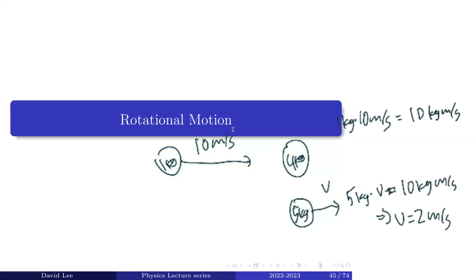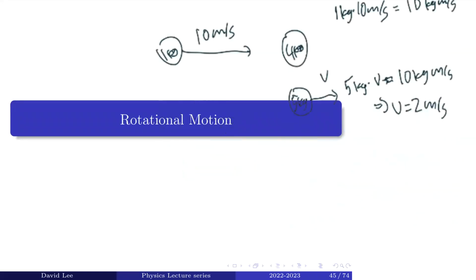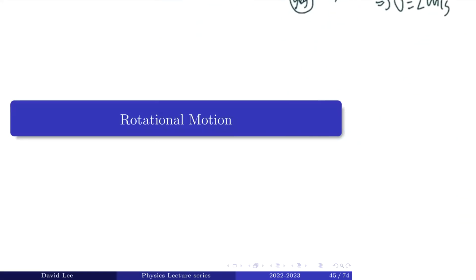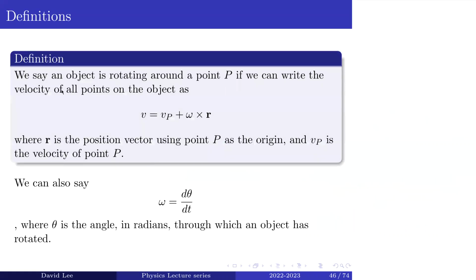Now let's go on to talking about rotational motion. There's a lot of content here. We say this is a formal definition of an object rotating around a point.